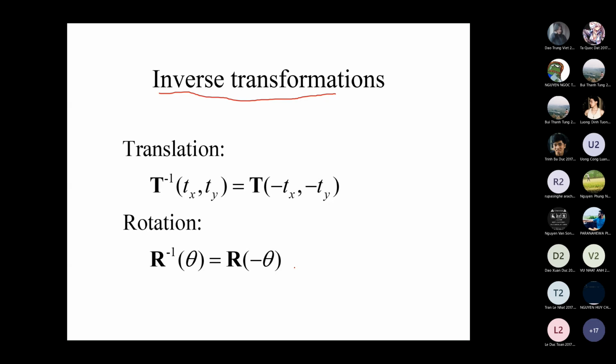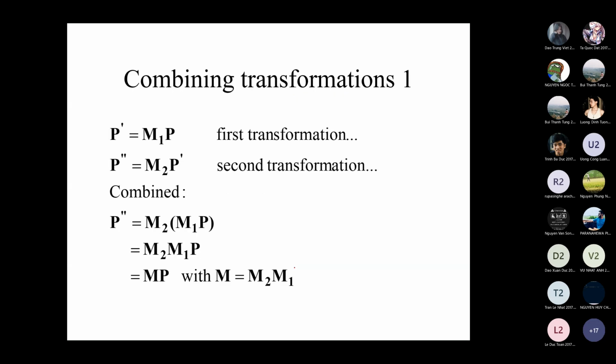And now combining the transformations. For example, we have the first transformation matrix M1 multiplied with the point P, and the second transformation matrix M2, and we combine them by multiplication of the matrices together, but it has its order.